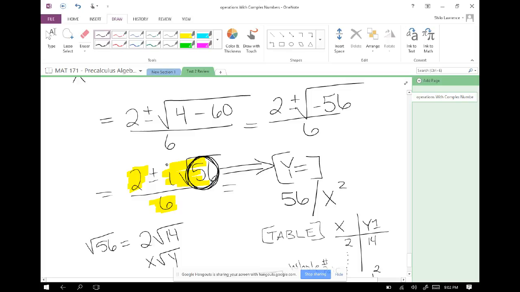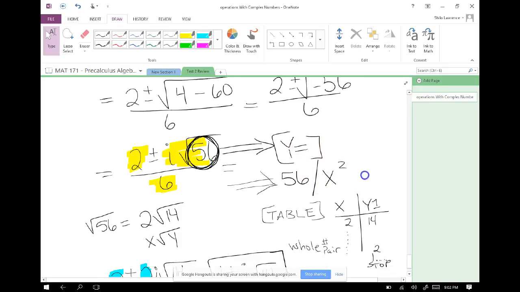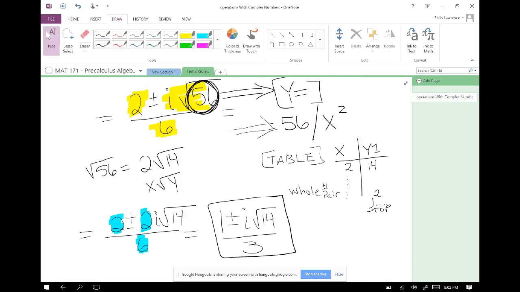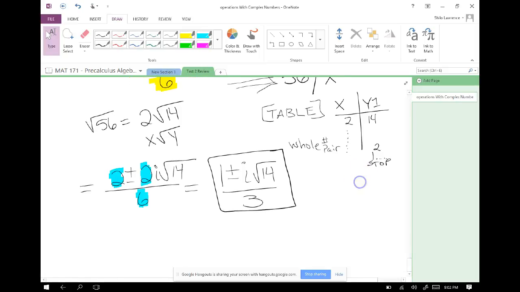You are always expected to simplify those square roots. If you do not have a lot of experience with it, then go through this process. Just take the number under your square root, and in your y equals, say divided by x squared, and look for a whole number pair in your x and y column. And that is a quick way to do that.